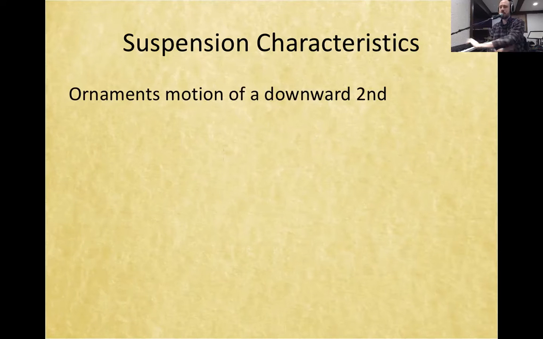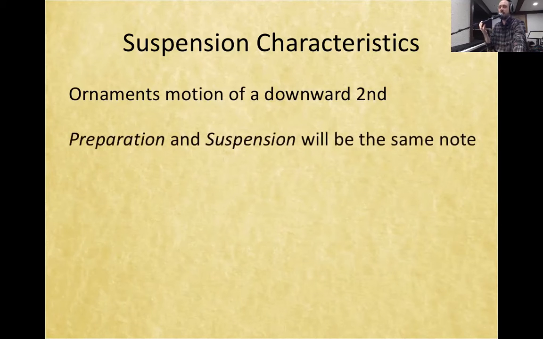We know that passing tones were filling in the space of a third. Neighbor tones are ornamenting a repeated note. So I could do, right? With a suspension, we're looking for motion of a downwards second, right? So if we saw motion of a downwards second, right? That's a spot where we could consider using a suspension.